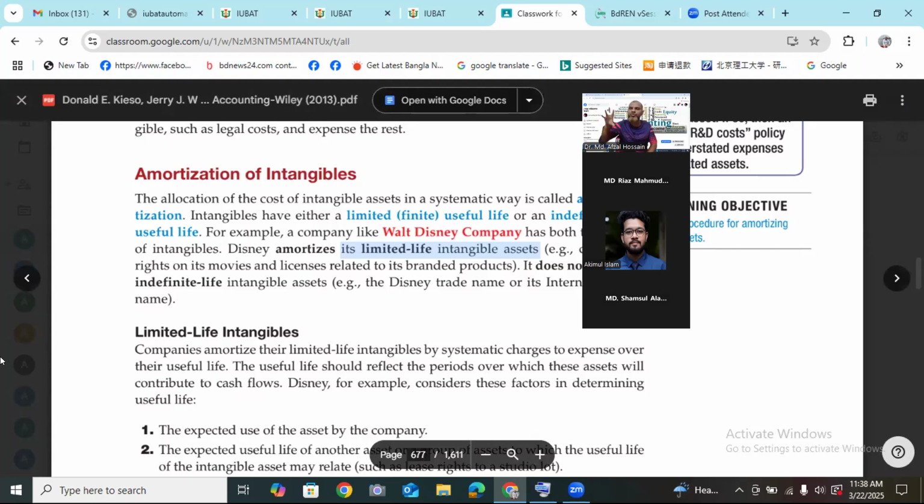So that's why you need not depreciate it. But those that have limited life, we can depreciate, say, for example, furniture and equipment, same as amortization. For limited life intangible assets, we have to amortize, but for unlimited, infinite life, we need not amortize.